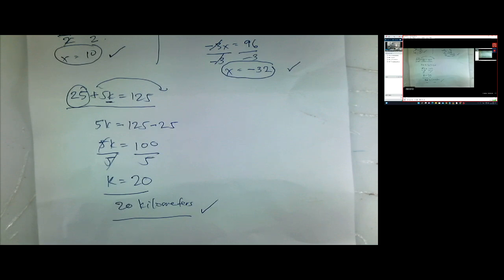Score. I'll check the notebooks later. Number 4. 5. 6. 7. 8. 9.